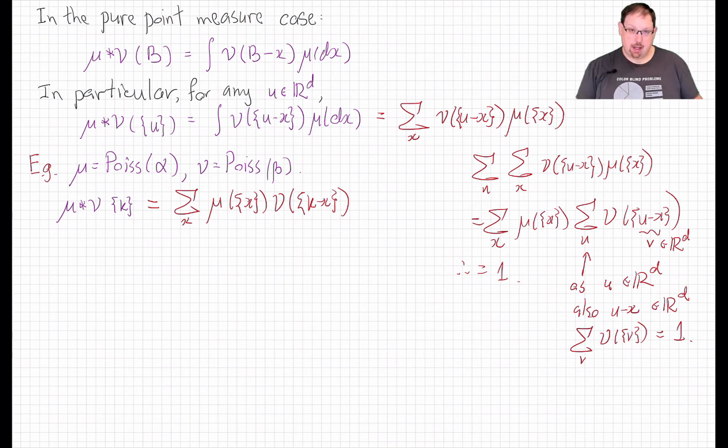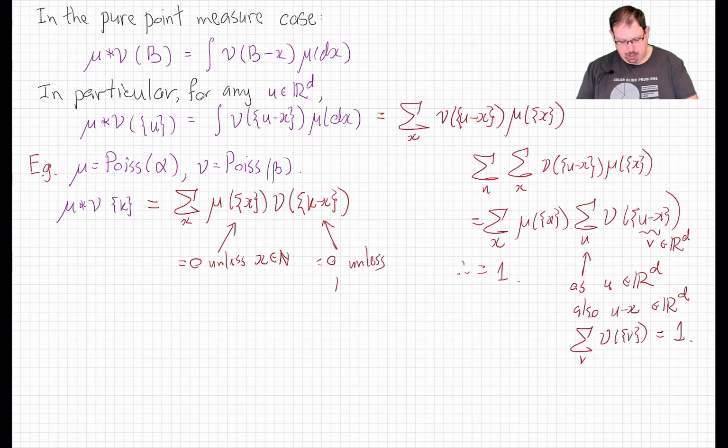There's only a countable set where each of them is non-zero, and we have to see where they overlap. This one is 0 unless x is a natural number, 0, 1, 2, 3, 4, etc., since mu is a Poisson law. And the same here. This one is 0 unless k minus x is in the natural numbers.